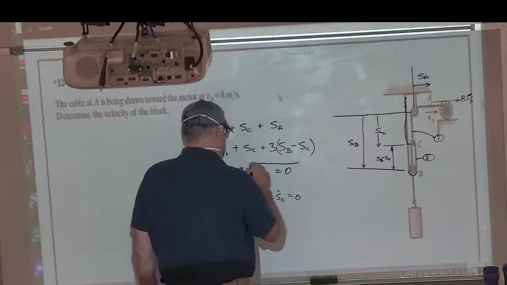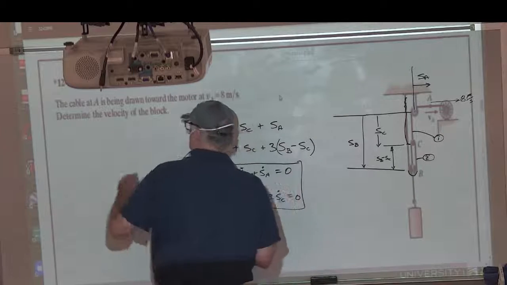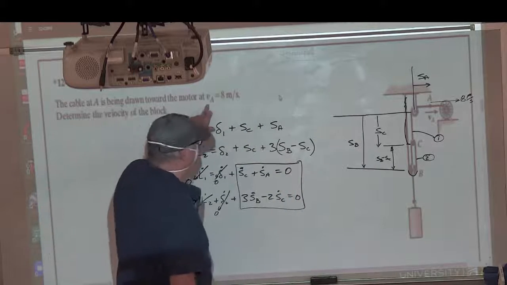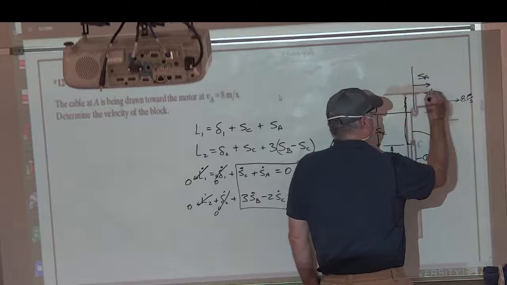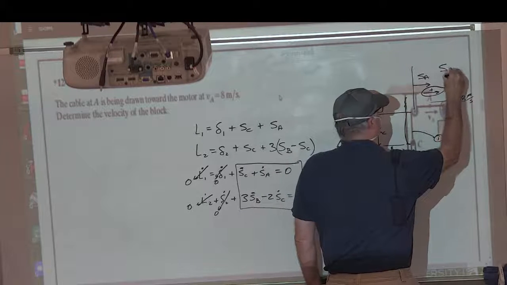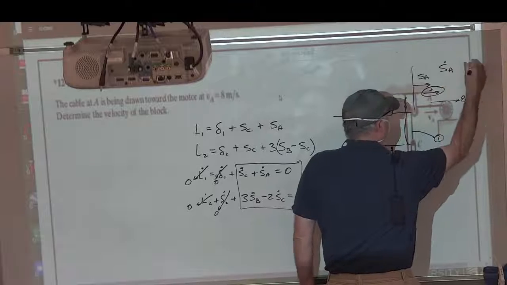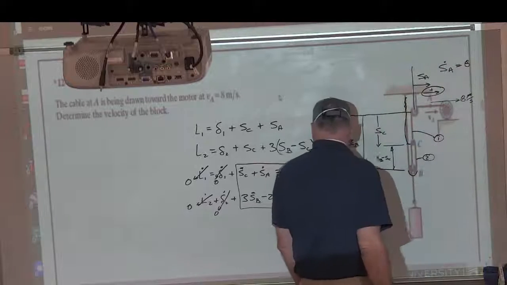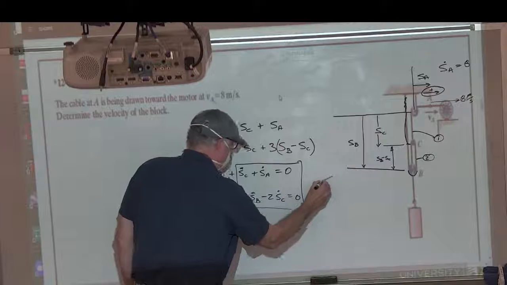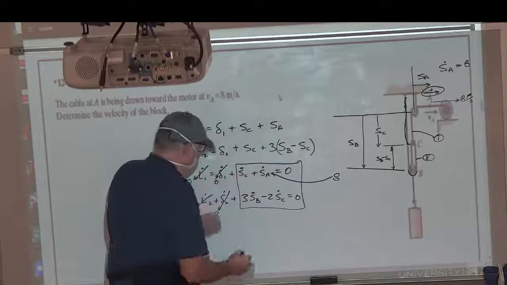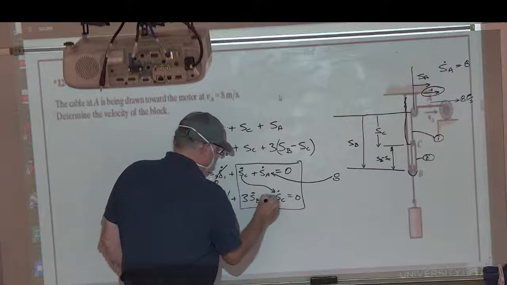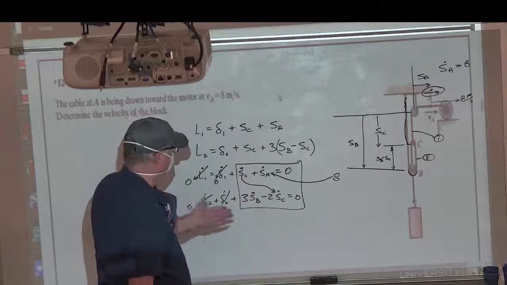Here are my 2 equations. Again, what do you do? It tells you the velocity A to the right. This being positive means that SA dot going to the right is equal to 8. What do you do? You put in 8 right here and solve for SC. Once you solve for SC, you embed it right back in there and solve for SB. It's that simple.